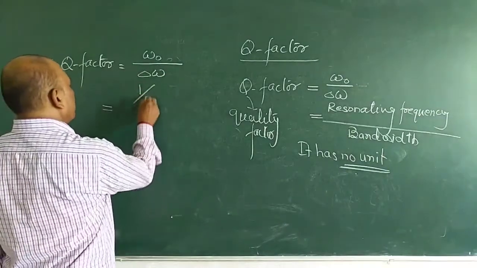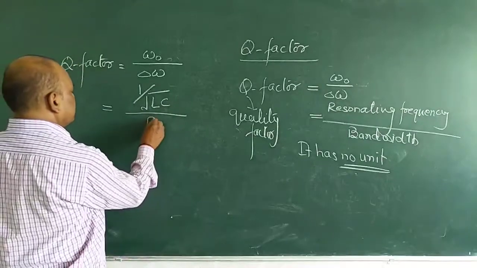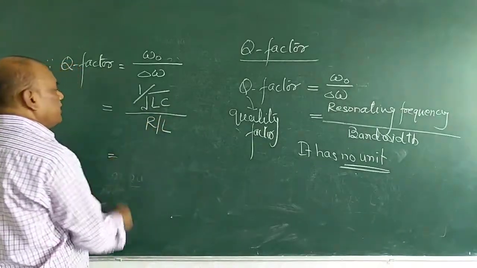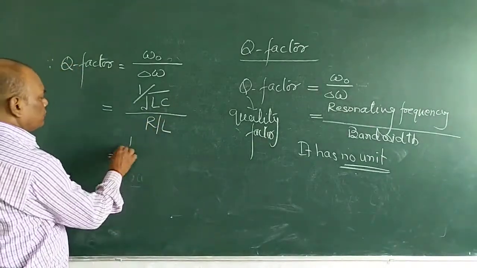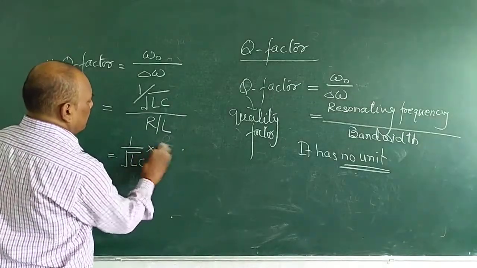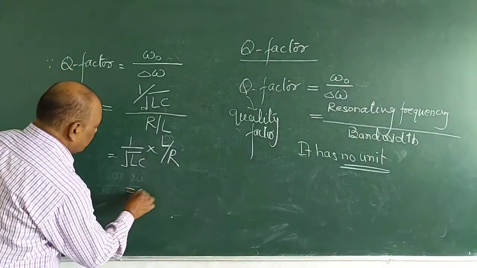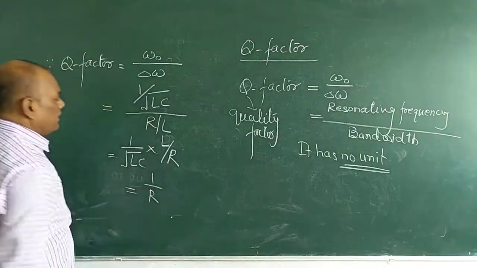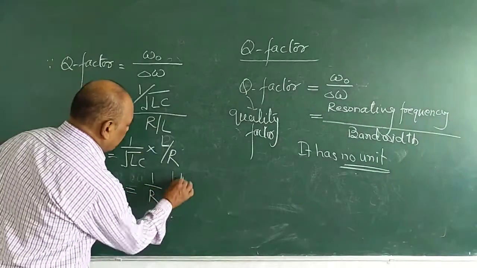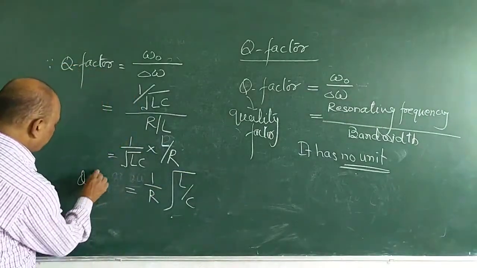Omega 0 is 1 upon under root LC, and delta omega is R by L. So this becomes 1 by under root LC into L by R. Here it is 1 by R, this is cancelled, under root L by C is the quality factor.